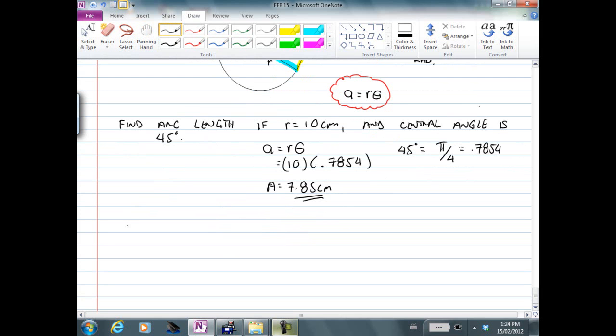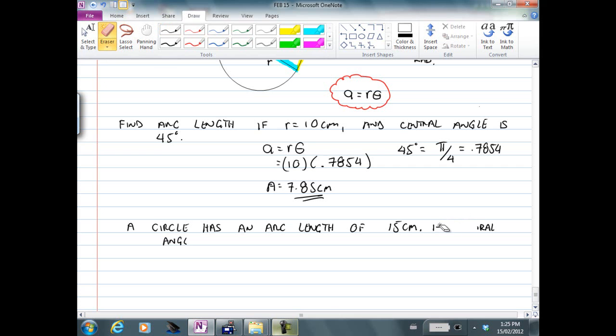A circle has an arc length of 15 cm. Actually, I won't say central angle, it's too easy for you.